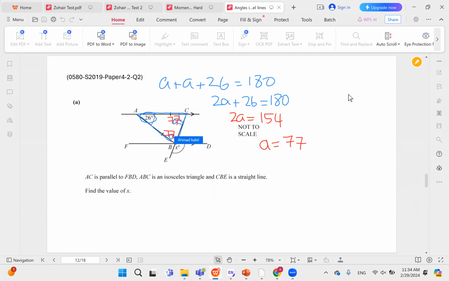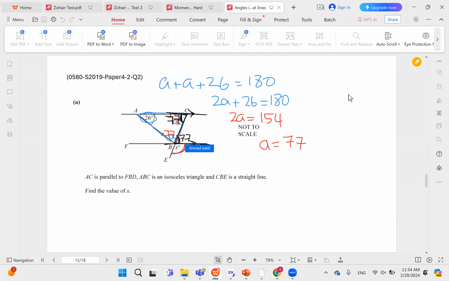Now we can use the property of parallel lines. We have these two lines here parallel to each other. We have a very clear Z shape here. So since this is 77, this is 77 as well, because these two angles are congruent alternating interior angles. And to get the x, I simply subtract 77 from 180, because I have a linear pair here.